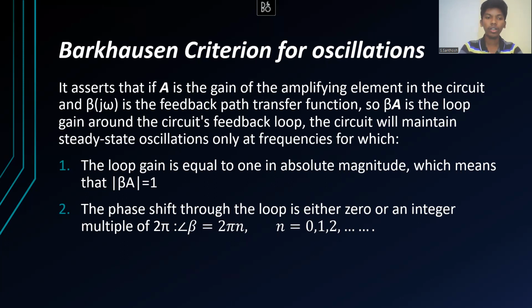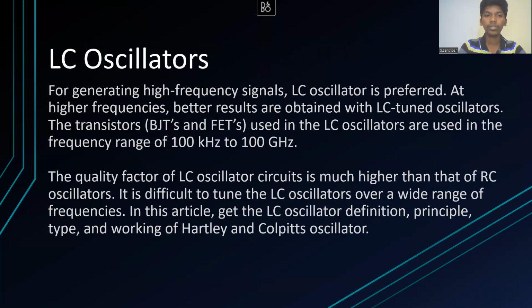So now we'll see about LC oscillators. In oscillators, there are two types, RC oscillator and LC oscillator. But over here, we'll only discuss LC oscillator in this video. So LC oscillators are used for generating high frequency signals. LC oscillators are preferred because at higher frequencies, better results are obtained with LC tuned oscillators.